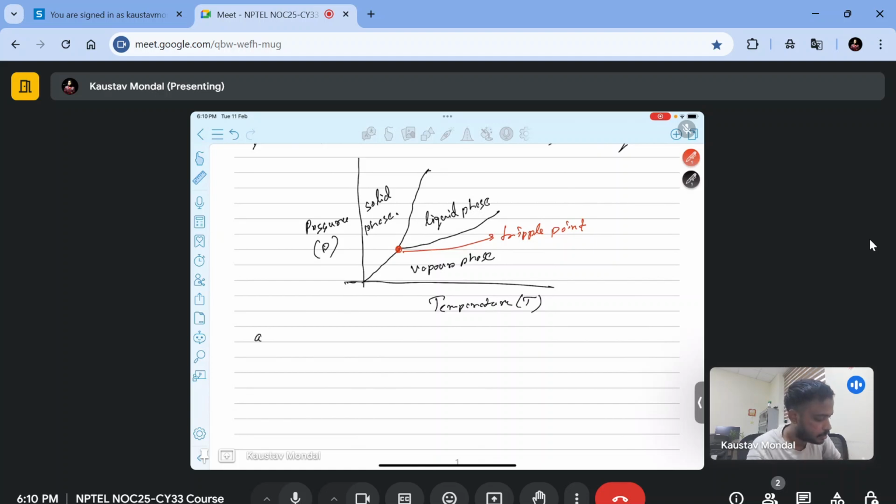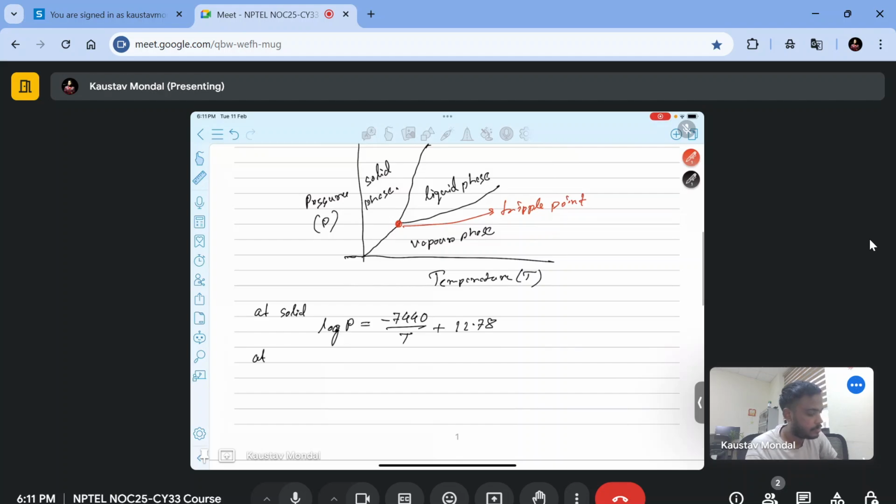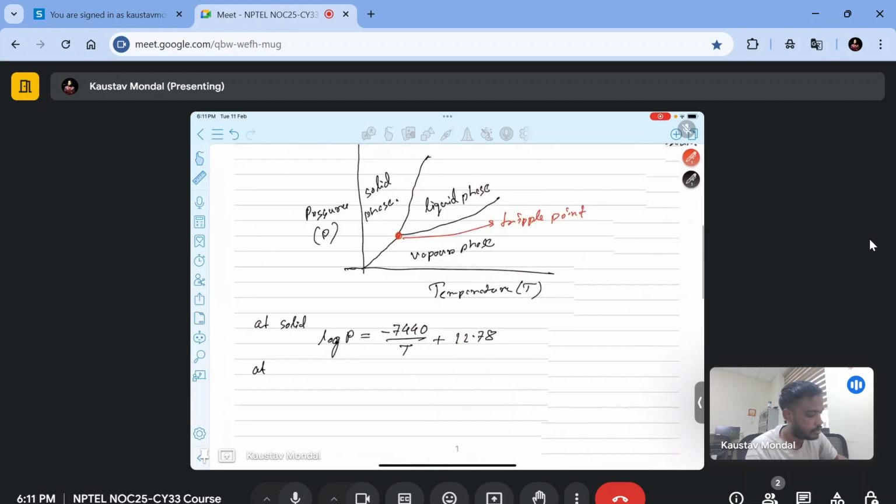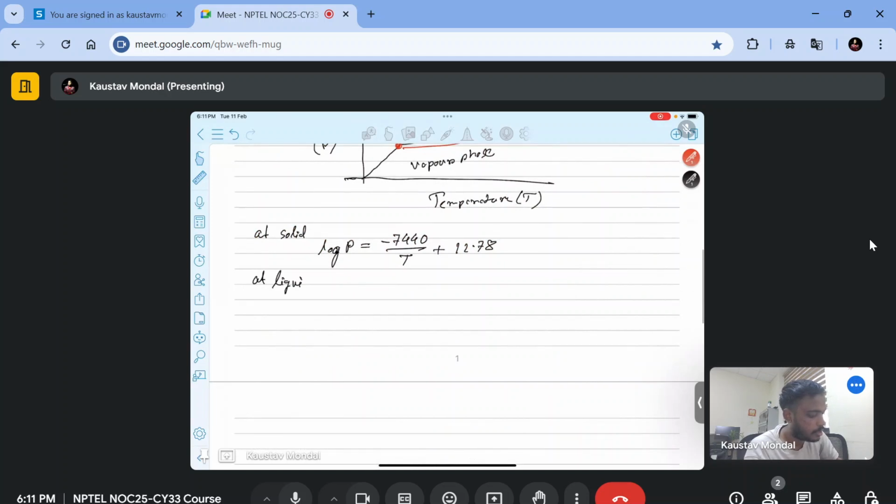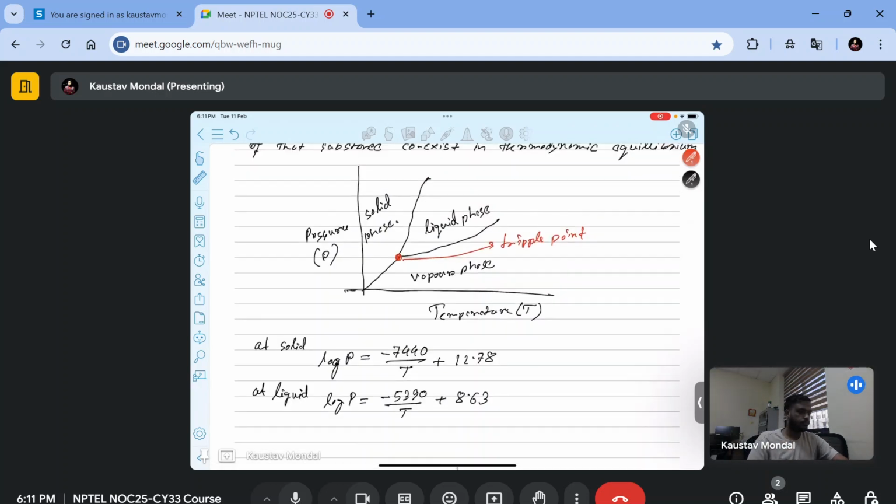At solid state, log P equals -7440 by T plus 12.78, and at liquid state, log P will be equal to -5390 by T plus 8.63. Now as you can see, in this triple point, this is between solid and liquid state.